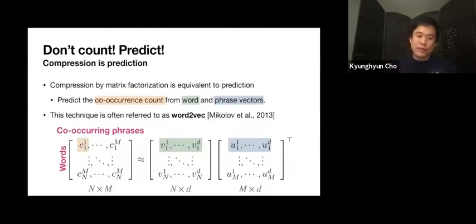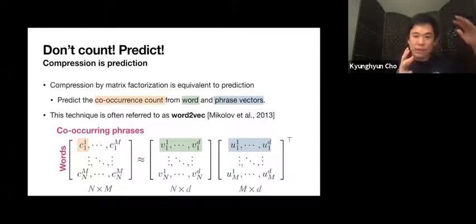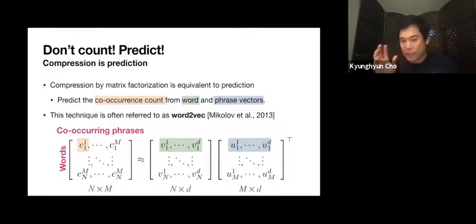Of course, compression can be a bit tricky, because it implies that we need to build the co-occurrence matrix offline, and this matrix can be gigantic and very inconvenient to maintain and manipulate. It turned out that the brilliant idea is to view compression as prediction.